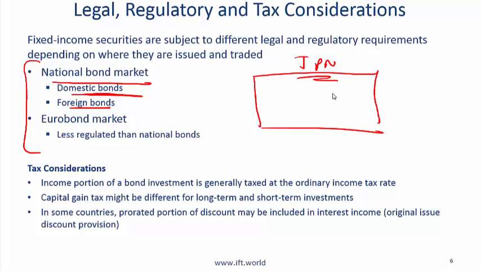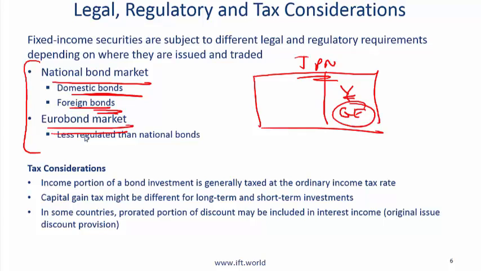So if General Motors issues a bond in Japan and that bond is denominated in yen, then that would be part of Japan's national bond market, but the categorization of GM's bond, the American company's bond, will be that it is a foreign bond. It's a foreign bond in the Japanese market.